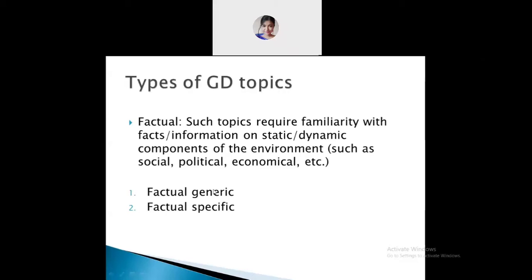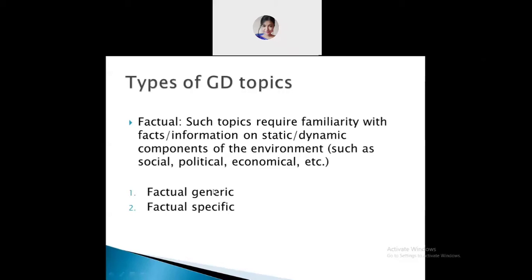So sometimes some general statements can be given, and you can say something for the topic, or something against the topic as well. But remember, it's a discussion. It's not a debate. It's not an argument.